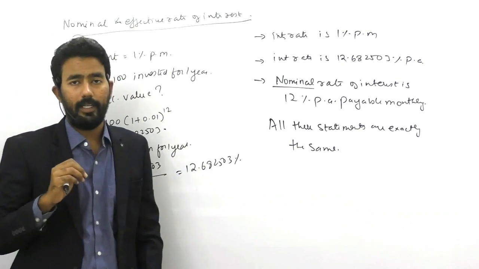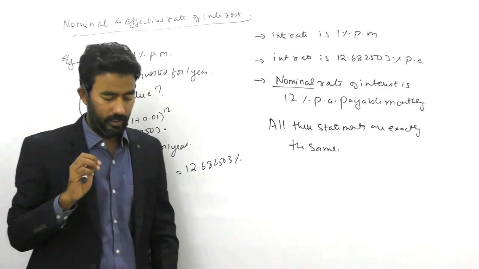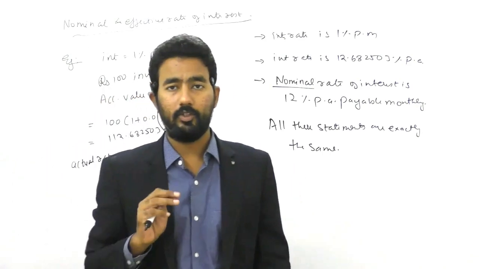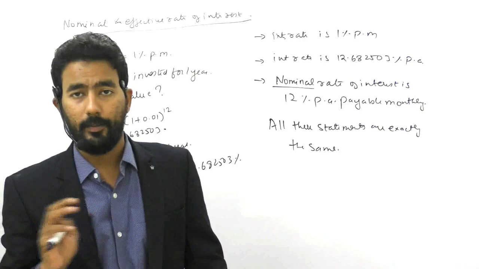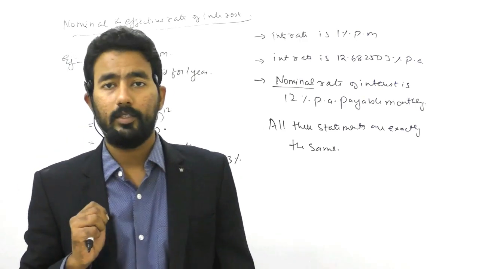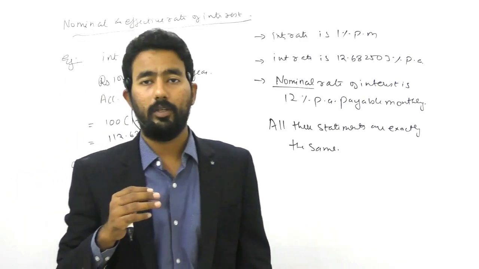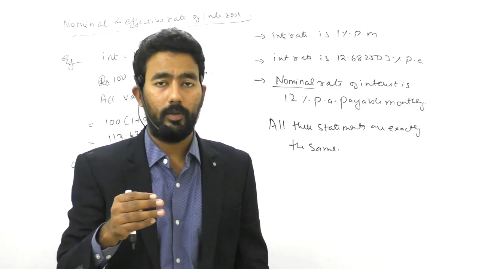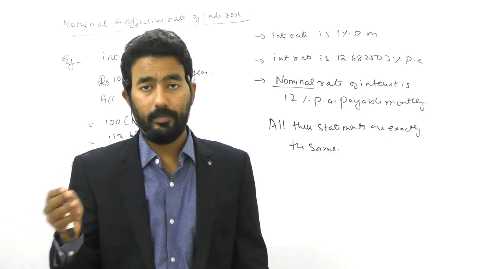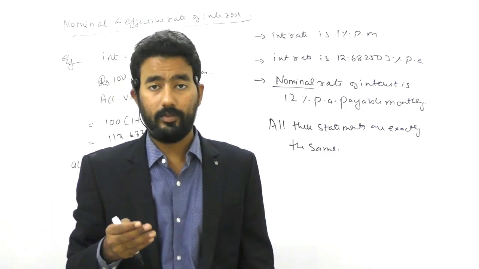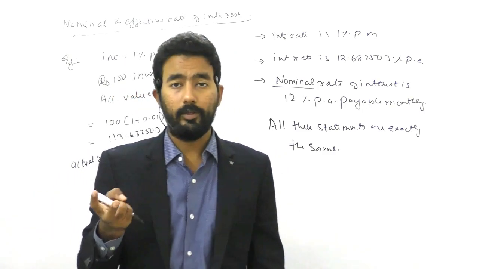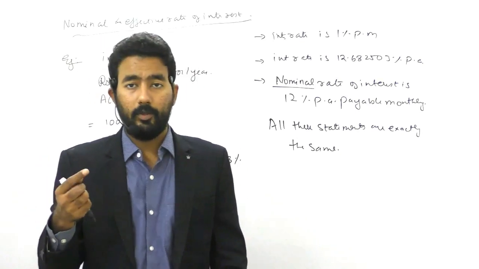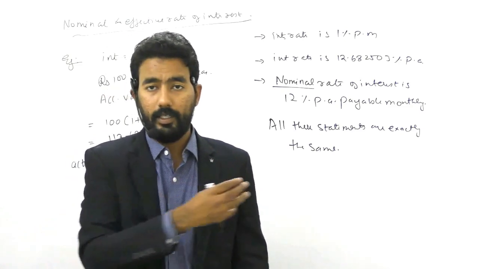So let's understand it this way. You are a banker and you're dealing with a layman consumer who does not understand compounding rates very well. When you want to explain that the interest rate is 1% per month and 12.682503% per annum, he will not be able to understand how 1% converts to 12.6825%, because he does not have a scientific calculator or has not studied this concept.